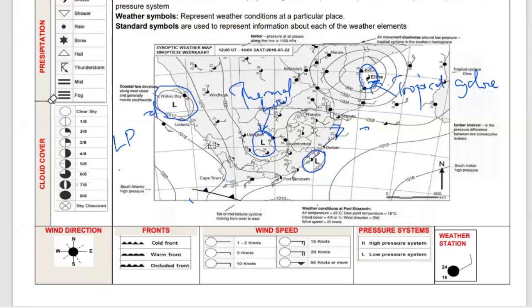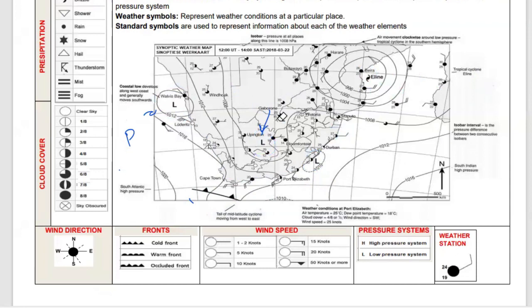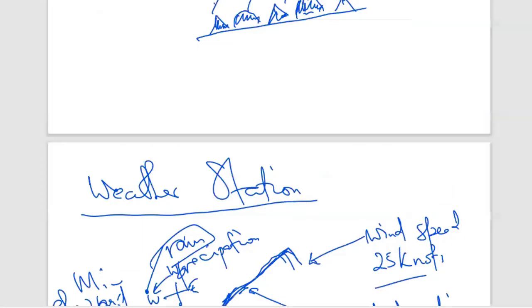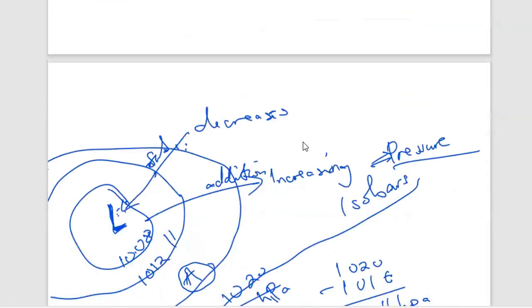I'll just make a sketch and try to illustrate and summarize the differences on the synoptic maps between a summer map and a winter map, given the differences in temperature and also the differences in the position of our pressure cells. I will make use of our Southern African subcontinent, though maybe the sketch might not be accurate, but for geographical illustration purposes, we'll just use that one.